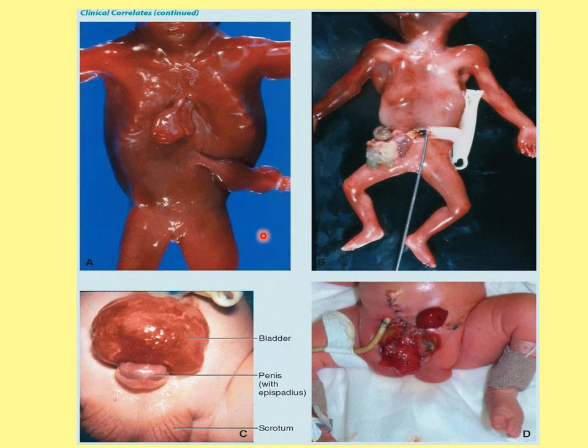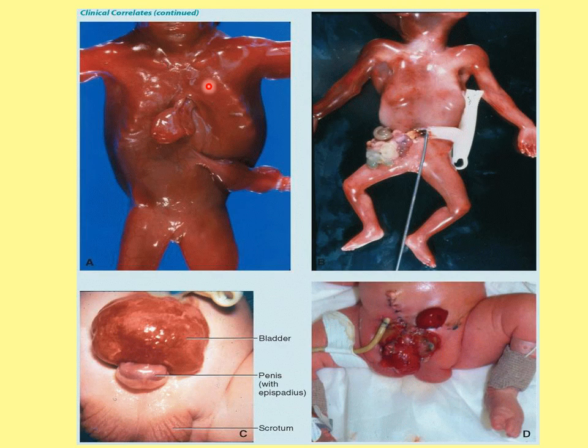Here in these pictures you can see very easily the ventral body wall defects affecting the thoracic region and abdominal region, and this is the bladder exstrophy, and that is the bladder and cloacal exstrophy in the pelvic region.